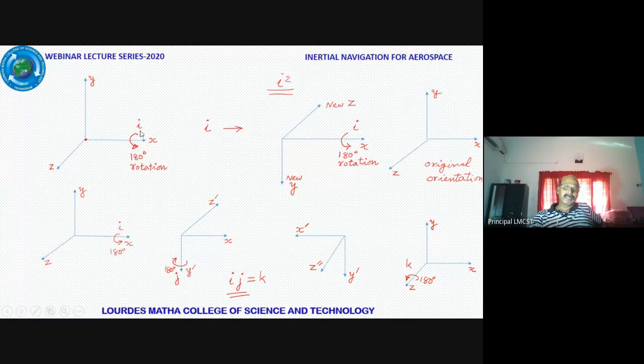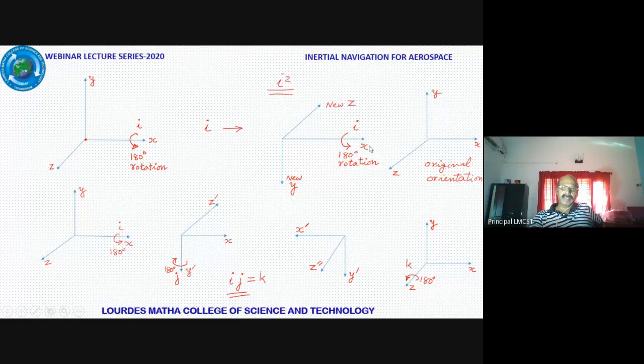Here, there is also a rotation of 180 degrees about an axis, the entire coordinate frame about an axis. By doing this, the resultant will be like this. You agree? Y will go down, Z will go on the other side. That's what is happening, this is after the rotation. And once more I rotate about the same axis.